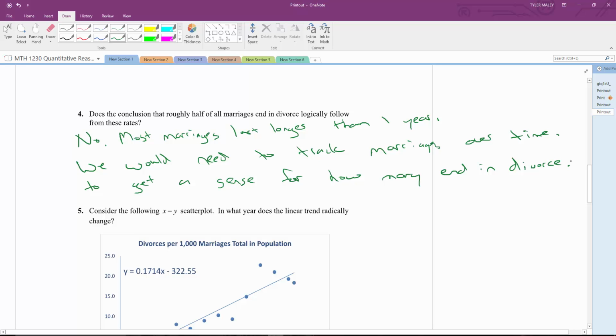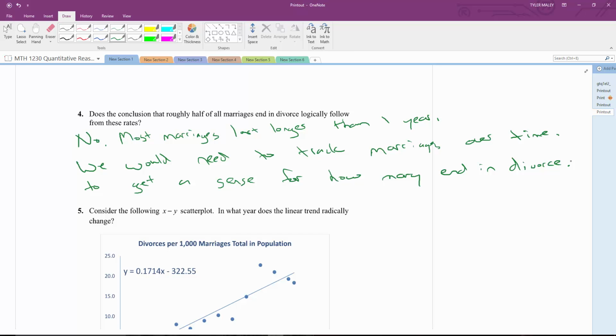So this is something certainly that someone could collect data on, especially someone in the government, because we could track marriages and divorces through Social Security number. Because those are used when you get married and also when you get divorced, and that's also identifying the individual person. So it could be done.